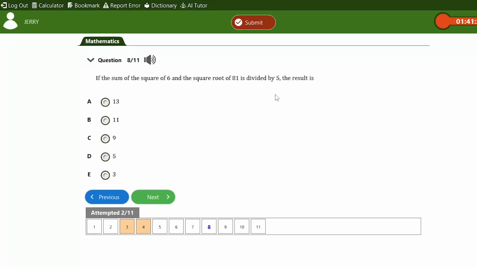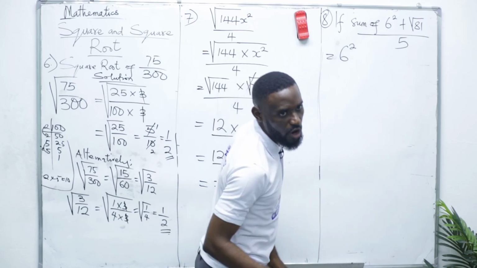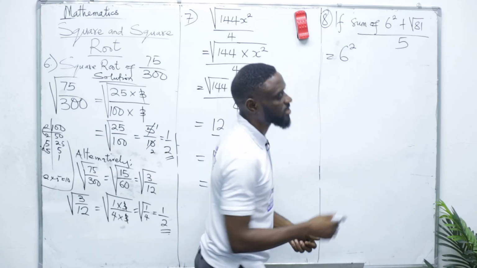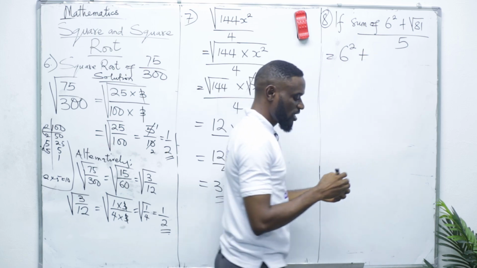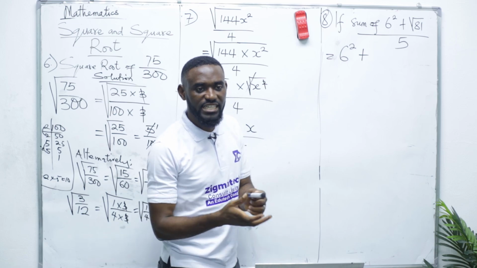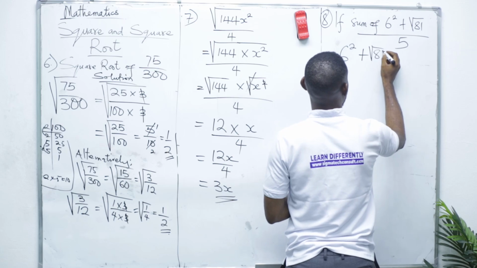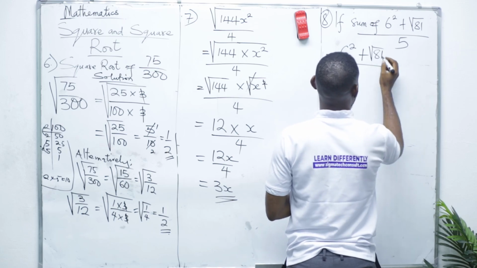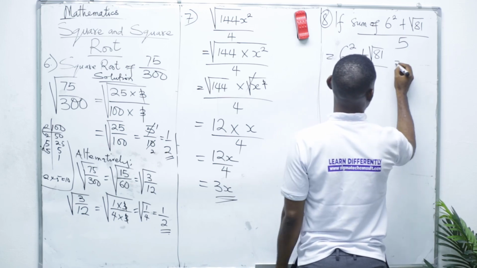So let's put that in mathematical terms so that we can solve it easily. The square of 6 is 6 squared. If this sum is added to the square root of 81, divided by 5, what is the answer? That is the question.